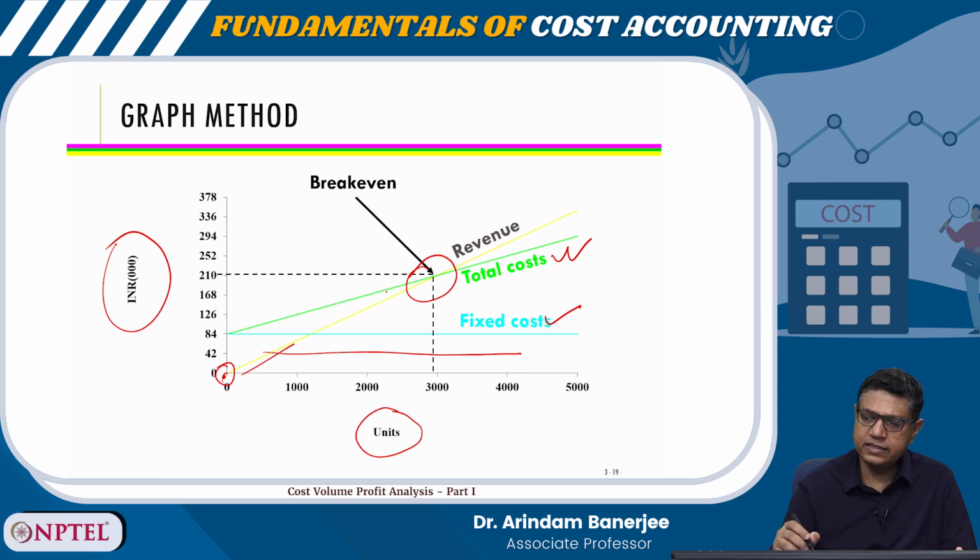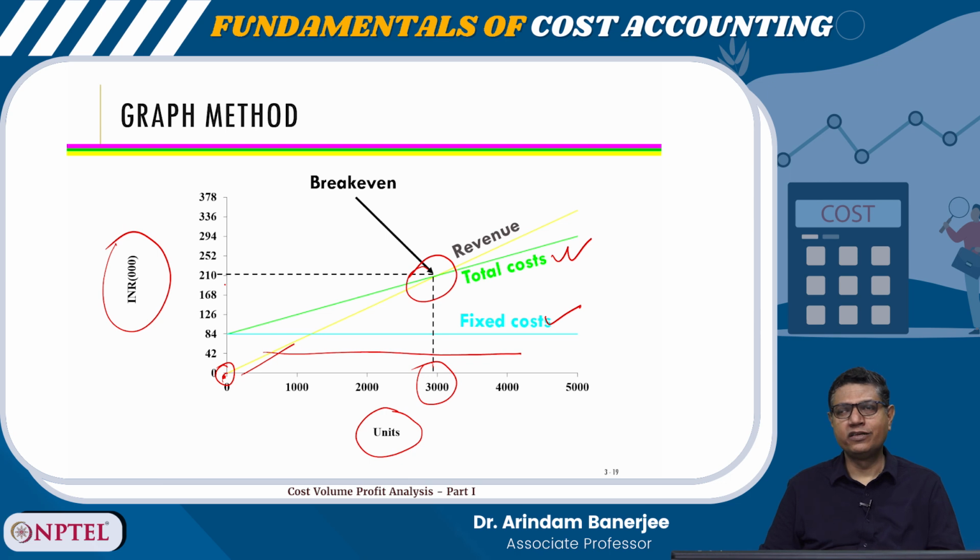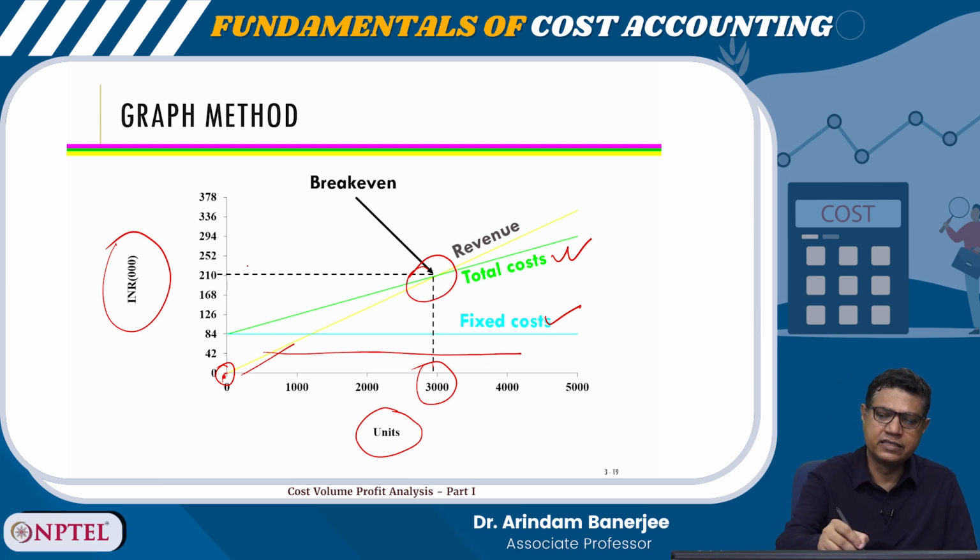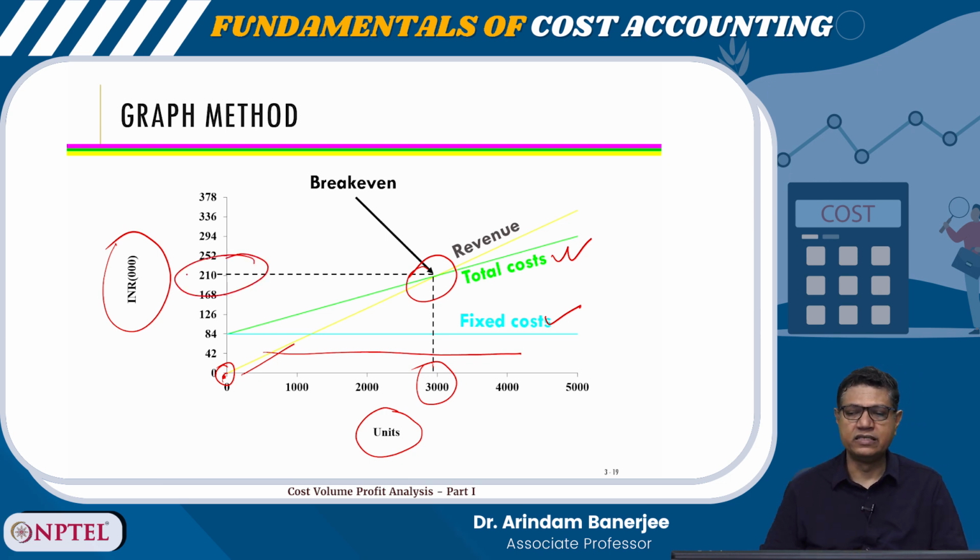So, this is intersecting at 3000 as we calculated earlier. So, this is the break even sales, as we calculated earlier through the equation; here graphically also we can see that this is the break even sales, where the revenue meets the total cost.